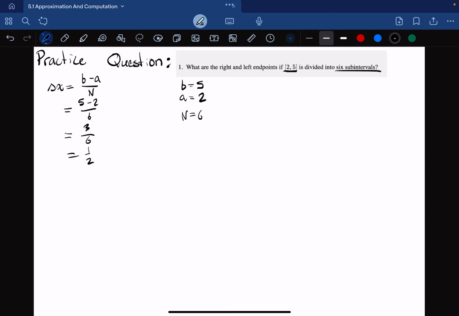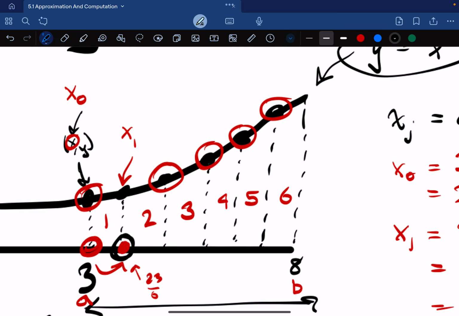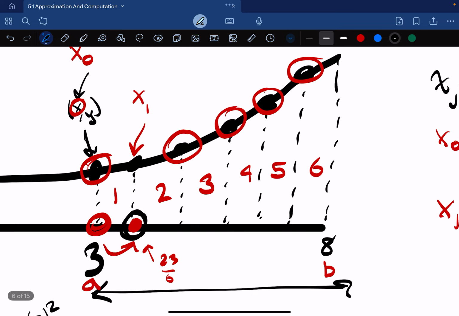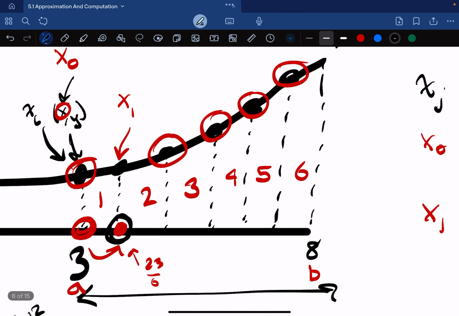Now, something that I forgot to mention earlier is that right and left endpoints often are calculated slightly differently, and I'll show you why in just a second. This question asks for right and left. But going back to here, we can see that our left endpoint, the very first one, is at a.